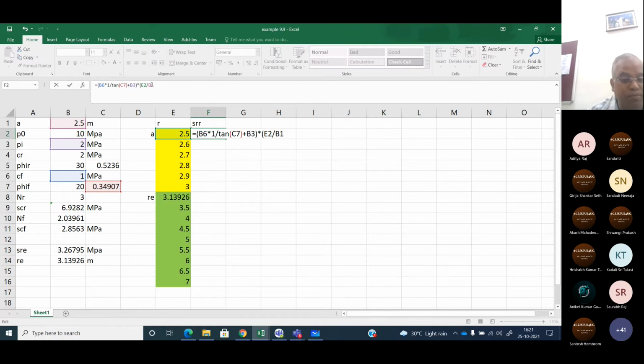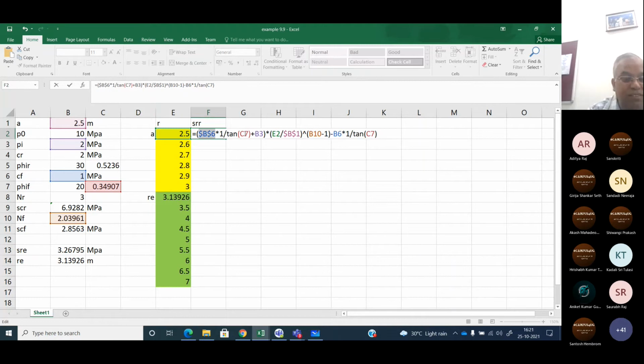Now I'm going to fix it. Put this to the power NF minus 1. Okay, NF, this one minus 1. Okay, minus CF. So I've already done that, so I copy this. Now here you see except R, everything will remain constant as I go down. So I'll make CF constant.